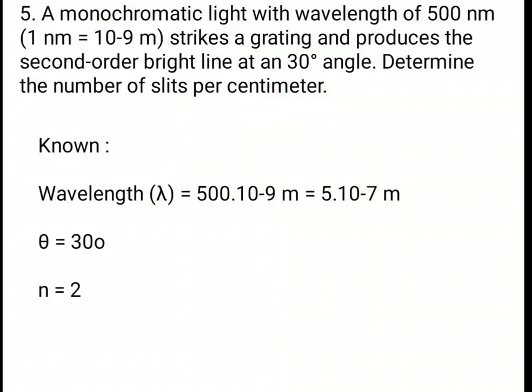Given values in the problem: wavelength lambda is equal to 500 into 10 power minus 9 meters, that is equal to 5 into 10 power minus 7 meters. Given theta is equal to 30 degrees and the order is second order, so n is equal to 2.